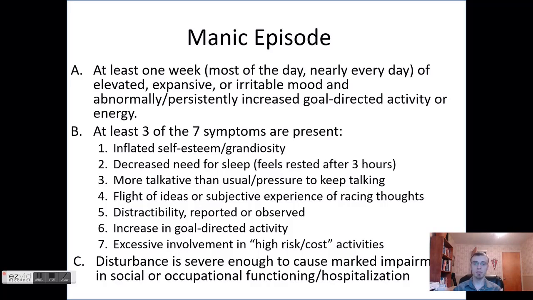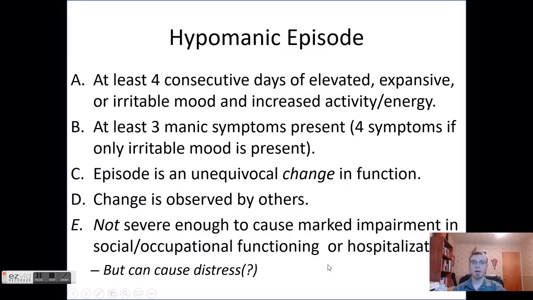They are becoming greater and greater fatigued. This is taxing their mind and body and finances to the point where they cannot function. Maybe they're getting fired from their job because they're so distractible and so difficult to work with when they're in this type of mood. So another important thing to keep in mind, that's the primary way we distinguish this from hypomania. So let's look at hypomania.